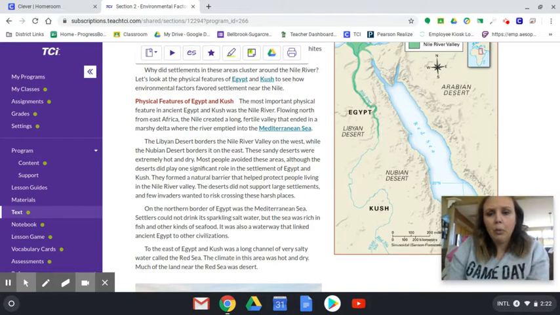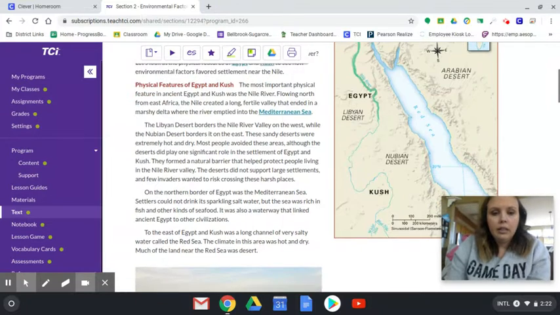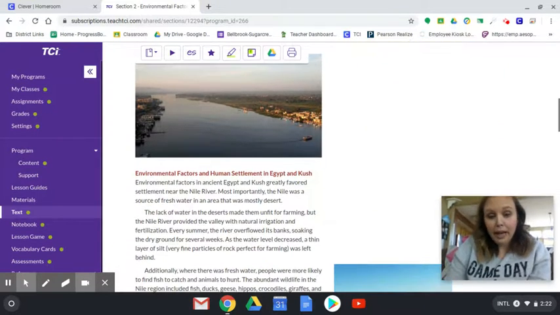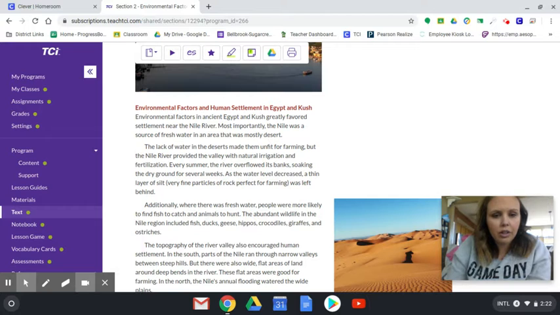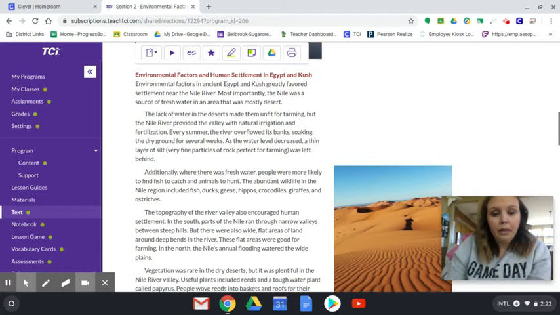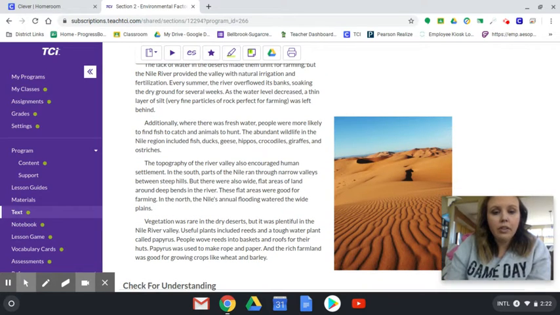It talks about the borders. Most of this is common sense. Obviously, there wasn't water in the desert, so people moved to the Nile because of the freshwater resource.